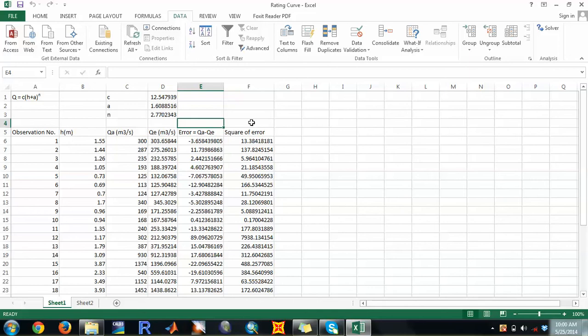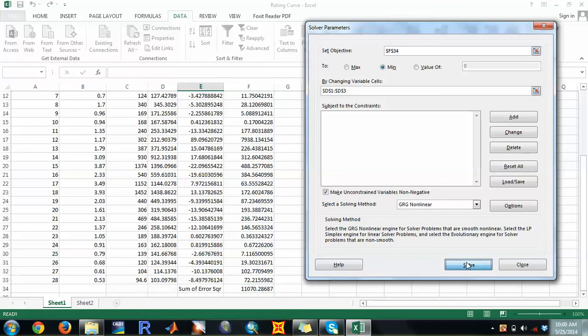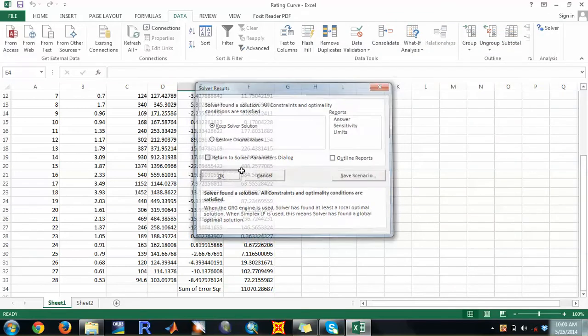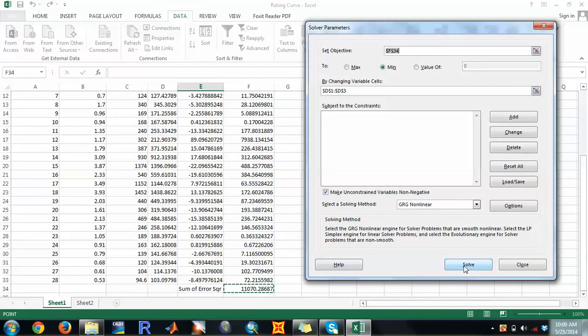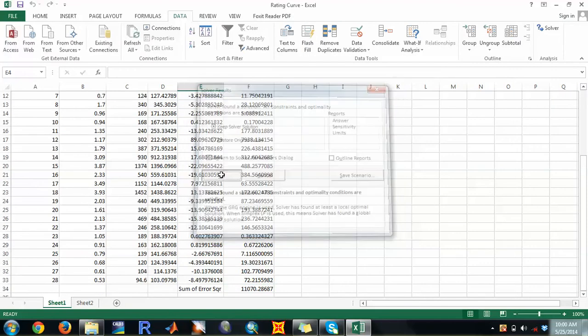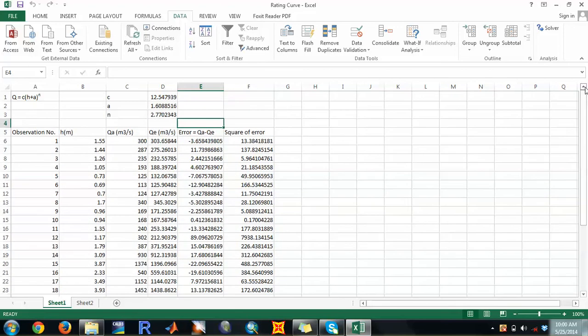Some are getting closer and others are getting farther. Try that until you see no value being changed. For example, this is 303, 275 to 32. Let's see if they change with this iteration. Now look at them: they are not changing, which means these are the optimal values of C, A, and N.